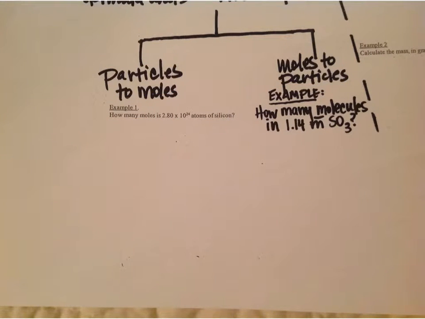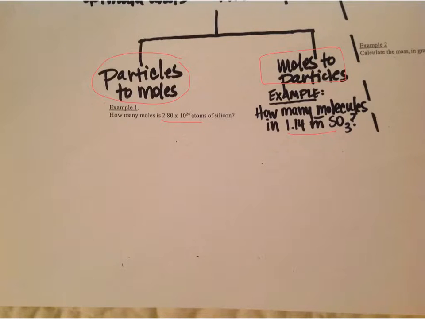So the one we just did was particles to moles. Now let's look at one where it's moles to particles. So here we were given atoms, which are particles, and here we are given moles. So we are going to be going in the other direction. So let's start out by looking at what we have to solve for.